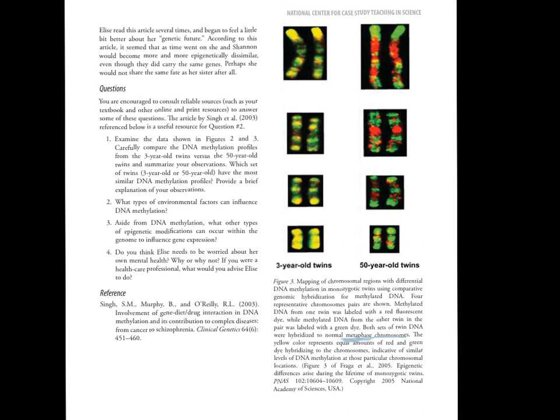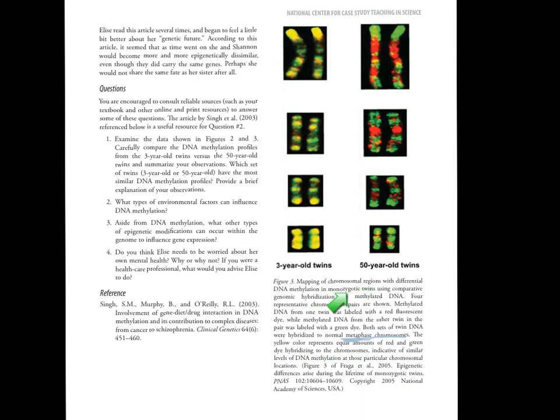And wherever you see the yellow, that DNA has equal methylation to non-methylated, so equal red and green. And you could read this section here if you really want to know the details. It basically says exactly what I just said. Now, where it says monozygotic twins, that means that the twins result from one zygote, and so they're identical.